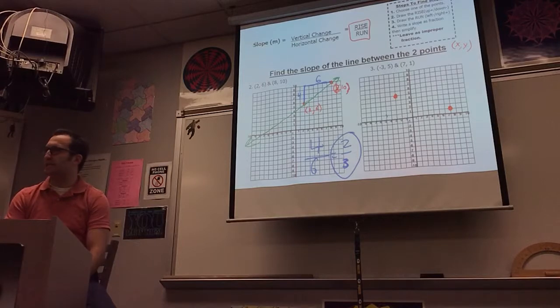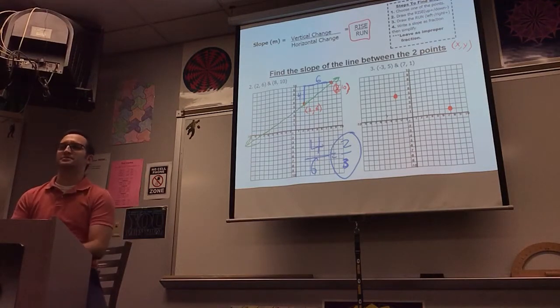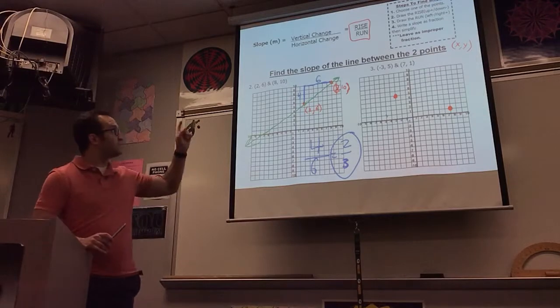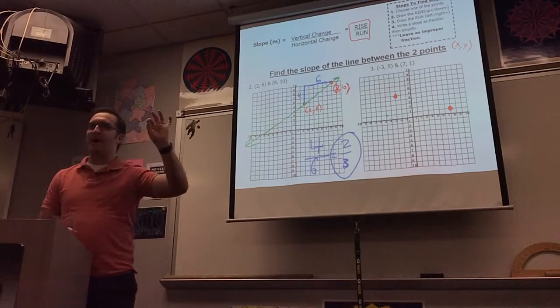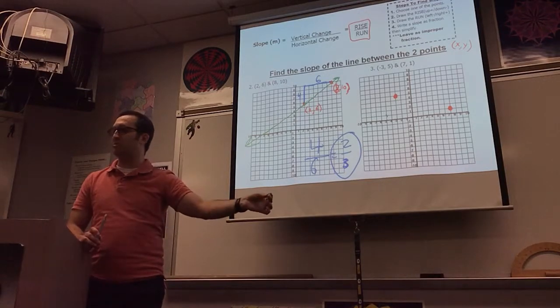Oh, so technically, do we need to draw the line for these? Technically, no. Are we gonna anyway? Yes, we are. But technically, do we need to? Why not? Because what does it say to do? Find the slope of the line. Does it say draw a line, then find the slope?